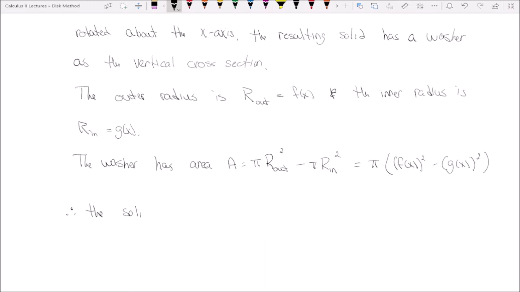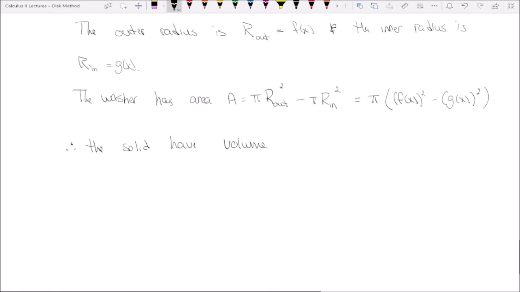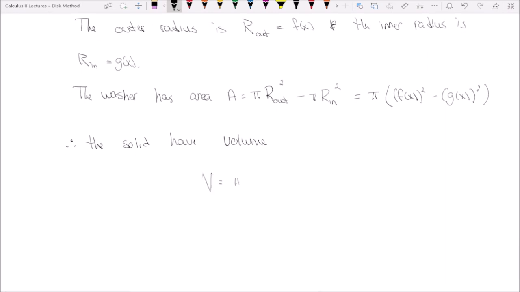Therefore, the solid has volume V equals pi times the integral from a to b of the quantity f of x squared minus g of x squared dx.